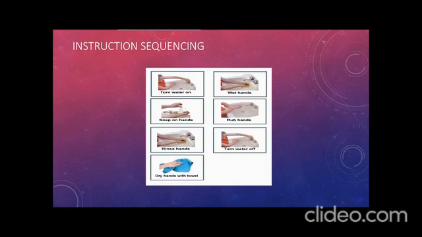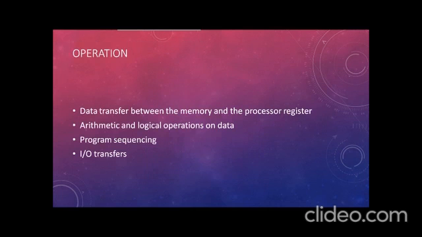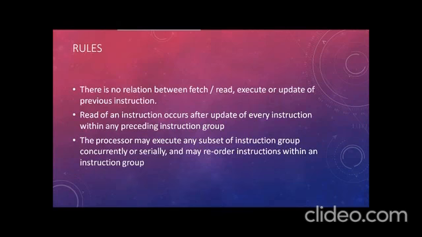Operations performed by instruction sequencing are data transfer between the memory and the processor register, arithmetic and logical operations on data, program sequencing, and input-output transfer. Next one is rules. There is no relation between fetch or read, execute or update of the previous instruction.